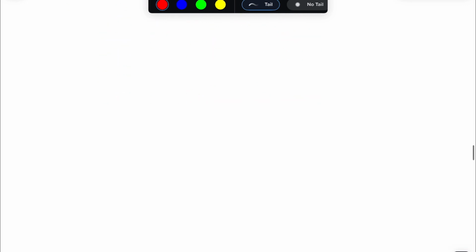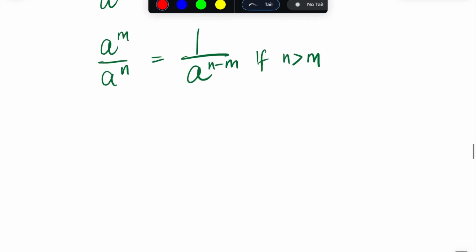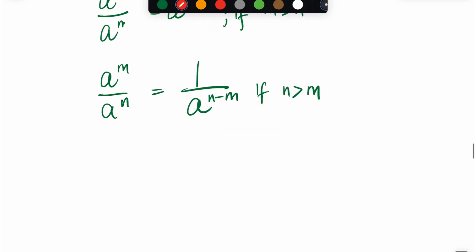Alright, let's take an example now of a division. Let's say we have 2 to the power 4 divided by 2 to the power 2.